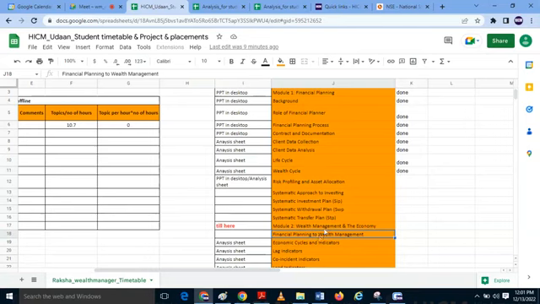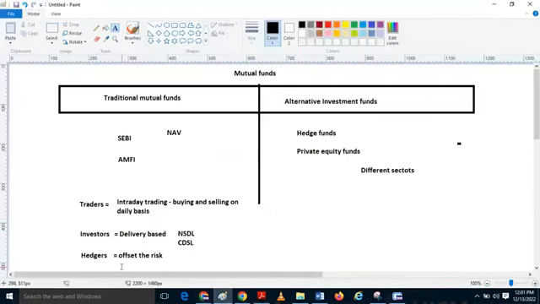Leave this one. About the hedge funds actually, they offset the risk. It means they can purchase in different types of asset classes.